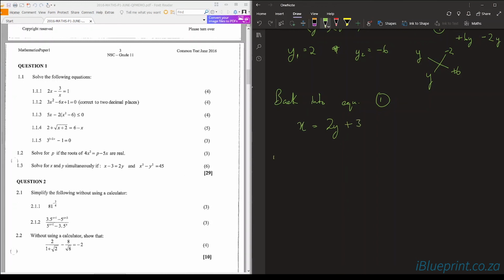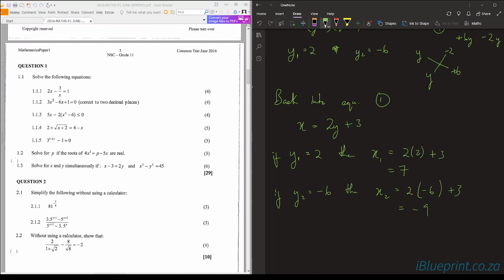And you say, if y1 is equal to 2, then x1 is equal to 2 times 2 plus 3. 4 plus 3 is 7. And if y2, the second solution, is equal to minus 6, then x2 is equal to 2 times minus 6 plus 3. This gives me minus 12 plus 3 is minus 9.